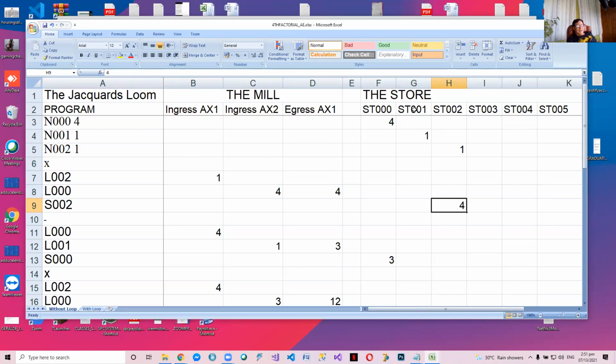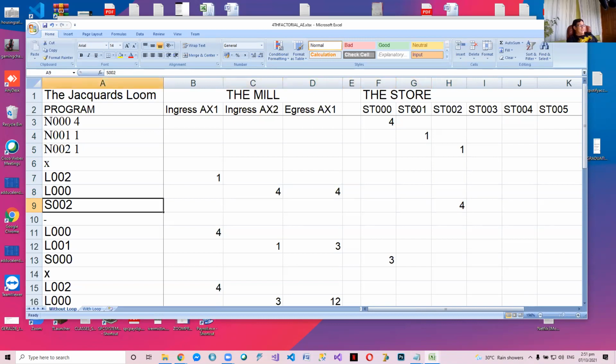So this is our partial product sa S002. Ang first partial product natin is 1. The next partial product is 4. Do you follow? You can do this the other way. Depende sa programmer. Di ba? Do you follow? Do you get my point? Yes, sir.